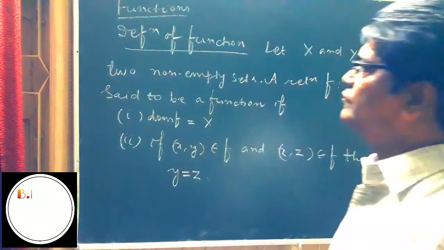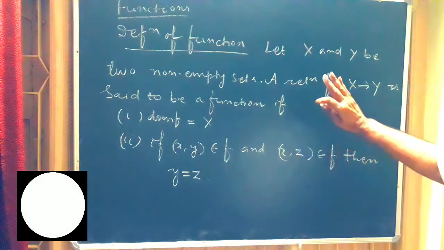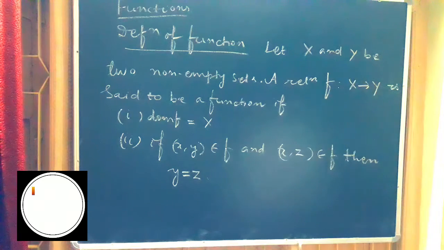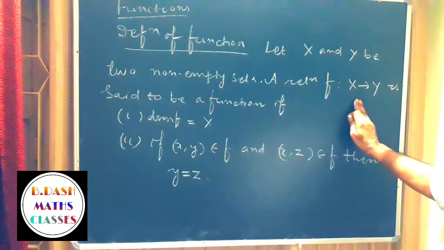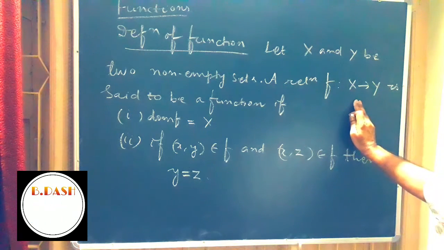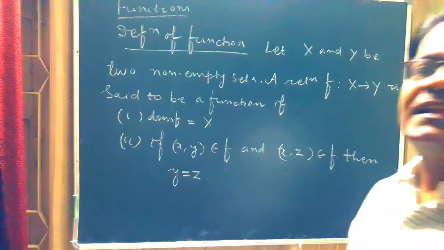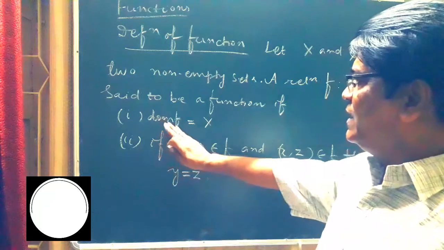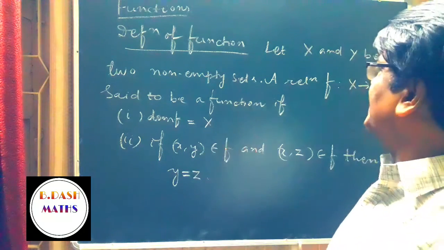So, definition of function, you see, let x and y be two non-empty sets. A relation f from x to y is said to be a function if essentially it will satisfy two conditions. Domain of f is equal to set x. What does it mean?